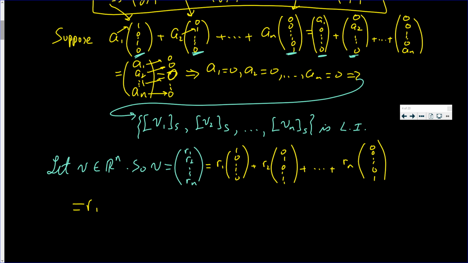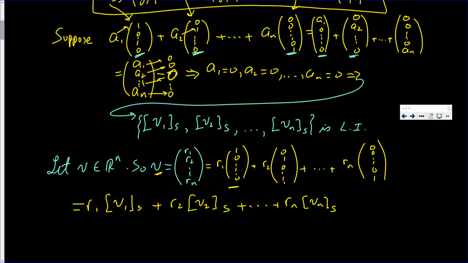Now this is r1 times the coordinates of V1 in S, plus r2 times the coordinates of V2 in the S basis, all the way down to r sub n times the coordinates of V sub n in S. And again, it equals V.